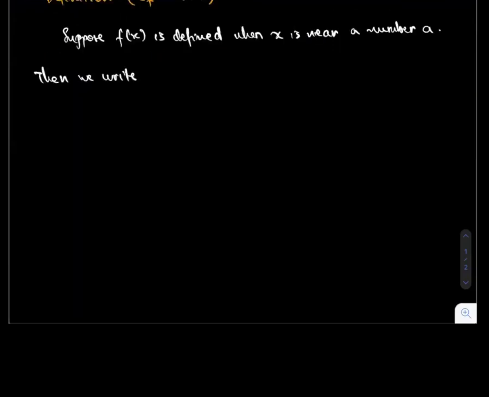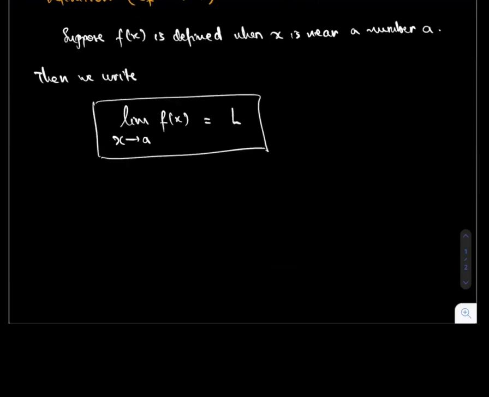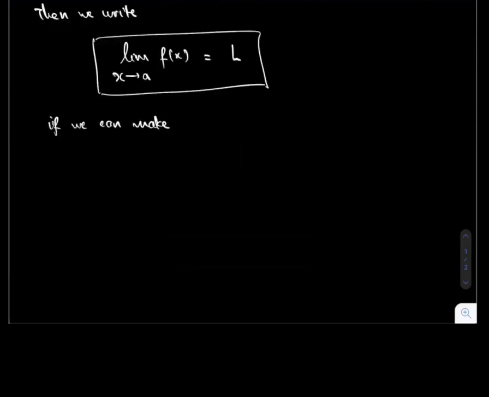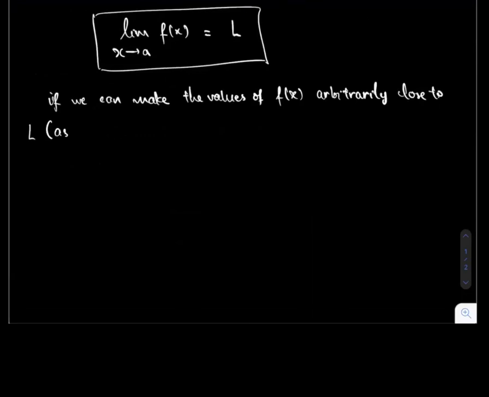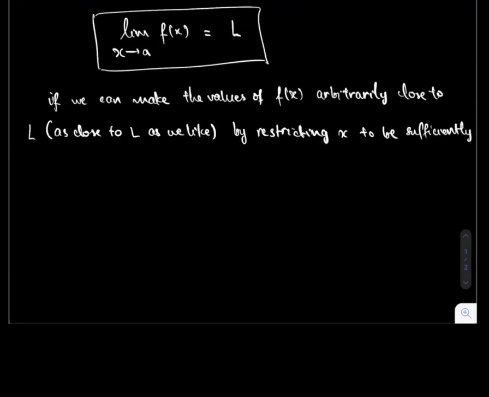Then we write the limit of the function as x approaches a is equal to L. This is the limit, if we can make the values of f of x arbitrarily close to L, as close as we like, by restricting x to be sufficiently close to a on either side of a, but not equal to a.